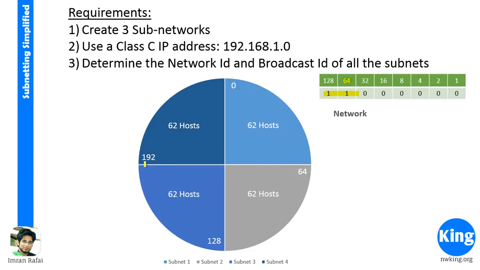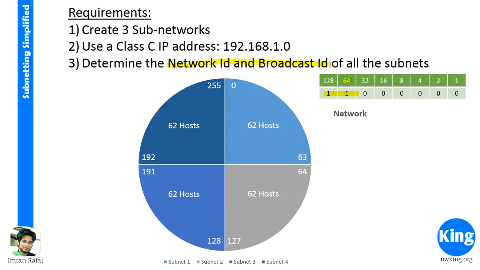How do we get the broadcast ID? 64 minus 1 is 63, so that is the broadcast ID of this network. 128 minus 1, 127. 191 is the broadcast ID here, and 255 is the broadcast ID here. Very simple. And questions like this, determining the network ID and broadcast ID, are going to be part of your CCNA.